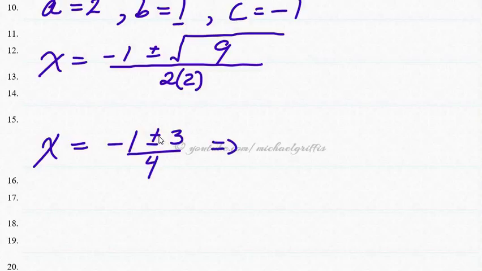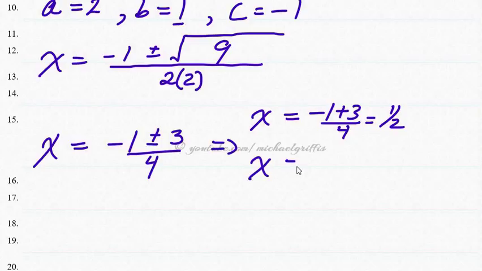However, remember, we're going to have a plus and a minus solution here. So we have x is equal to negative 1 plus 3 over 4, which reduces down to: negative 1 plus 3 is 2, and 2 over 4 is a half. So there's one solution.